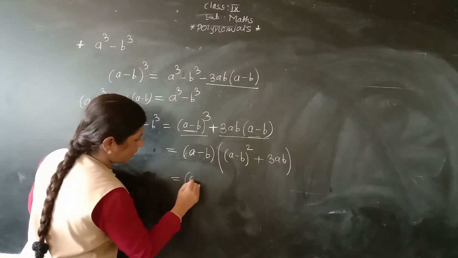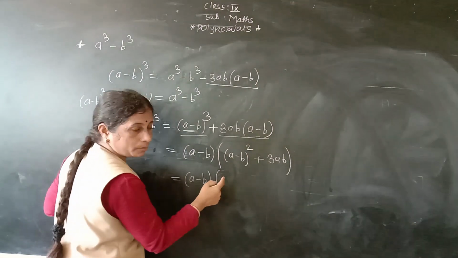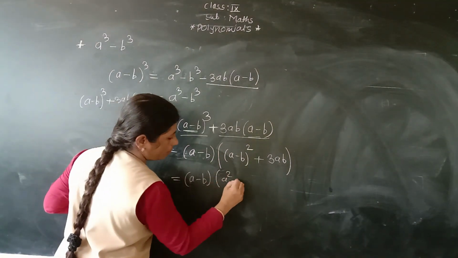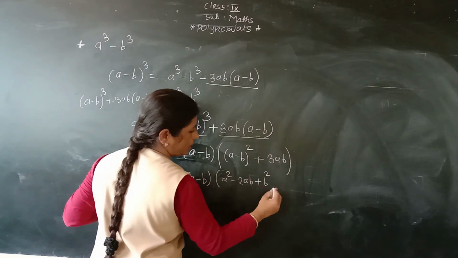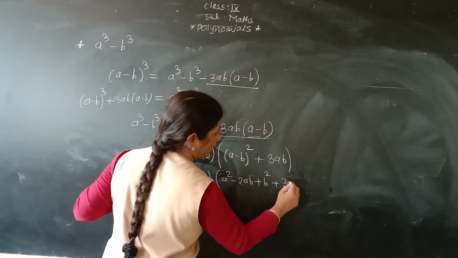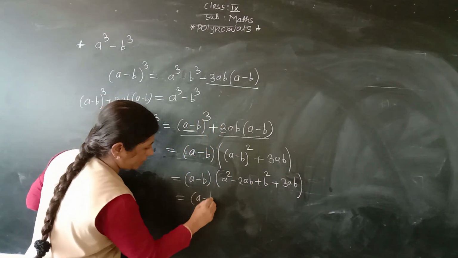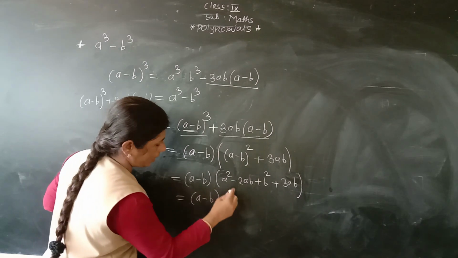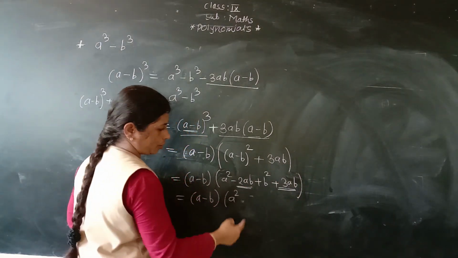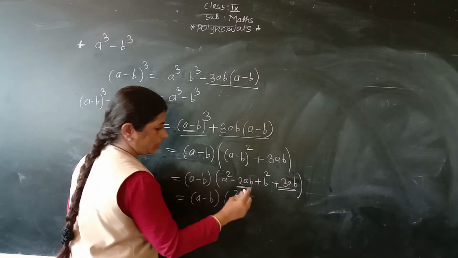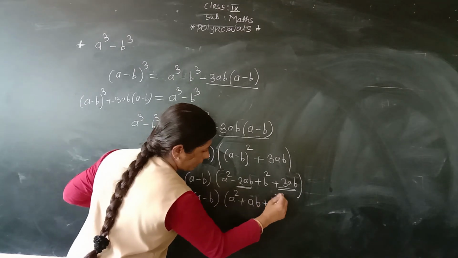Now we will expand this a minus b bracket square by the identity: a square minus 2ab plus b square, and plus 3ab. So a minus b, second bracket a square, then minus 2ab plus 3ab, that is 1ab, that is ab, and plus b square.